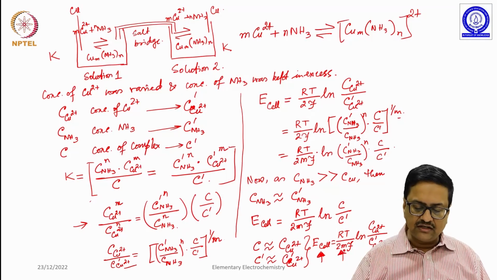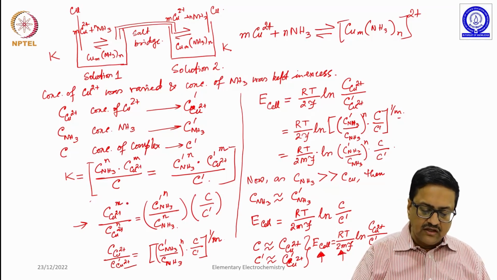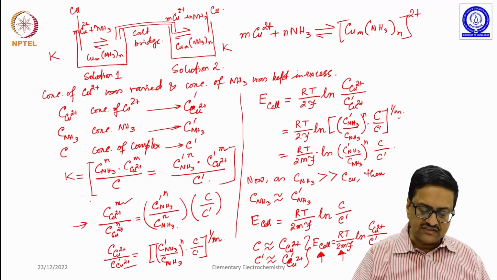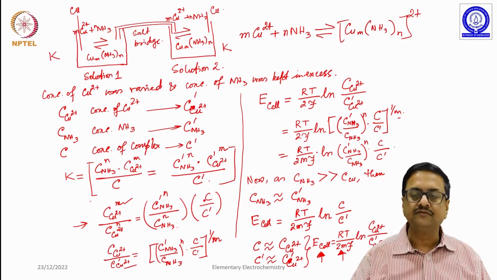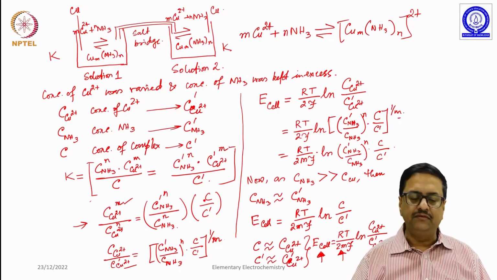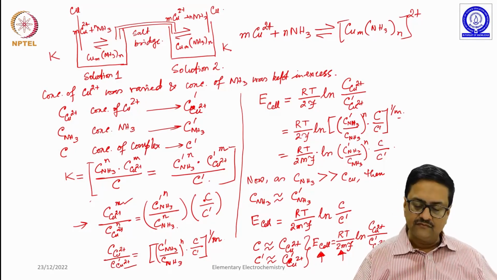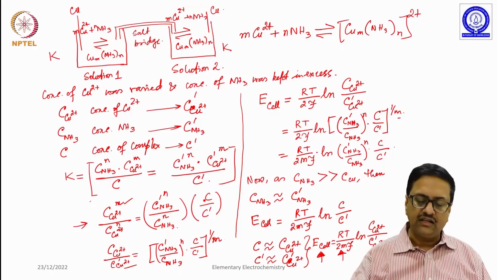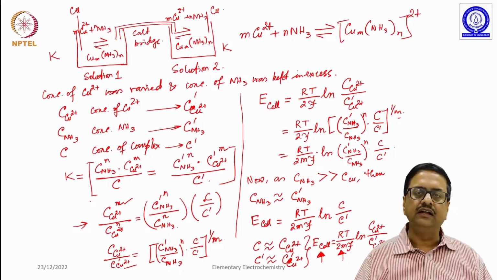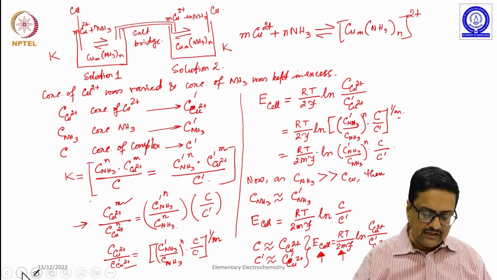And when you have determined the value of m, using the concentration of copper and concentration of the complex in this equation, one can easily determine the value of n as well. So, using this method, one can determine the composition of a metal complex with a ligand.